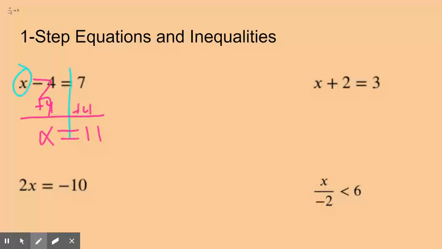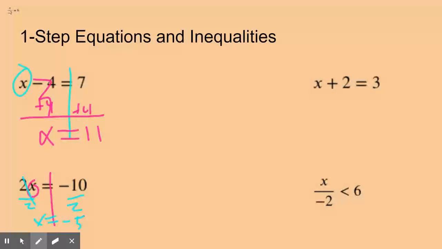So x equals 11. The problem below, 2x equals -10. Remember, 2x means multiplication, so I must do the opposite, which is to divide. I divide by 2, and I get x equals -5.